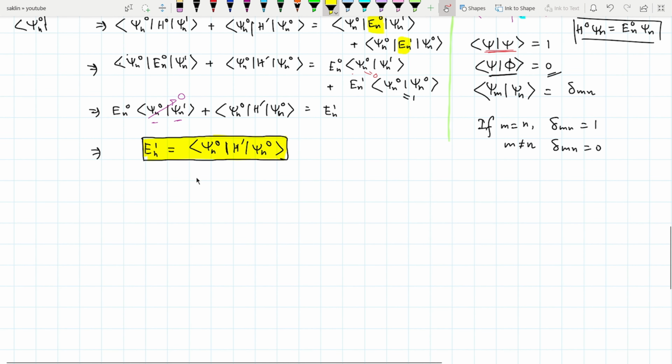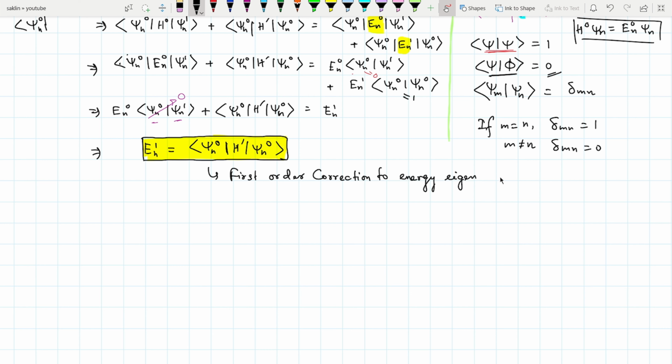It is the first order energy correction, the first order correction to the energy eigenvalue.